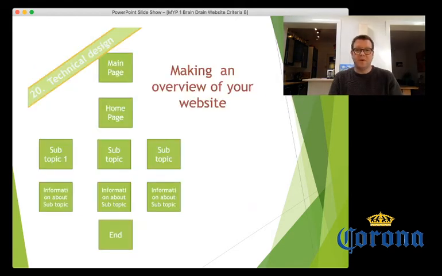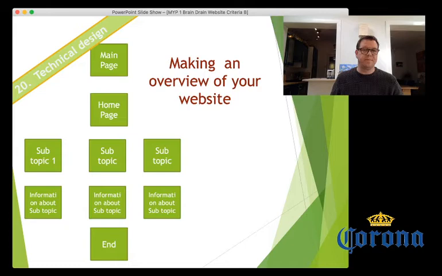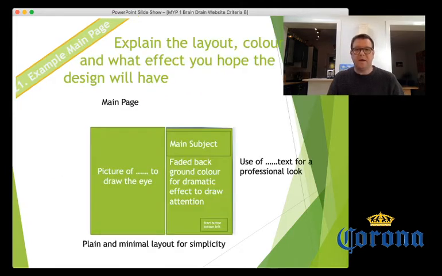Okay, so what I'd like you to do is to start off with making a technical design. Now, all we're going to do is just make, you can see, these little blocks just to explain which pages you're going to have on your website, and then just explain in detail what's going to go into them. Now, what can you put?